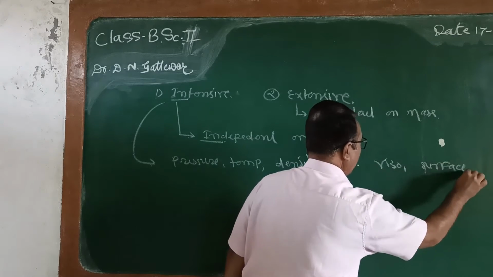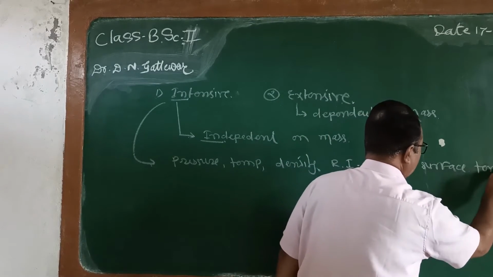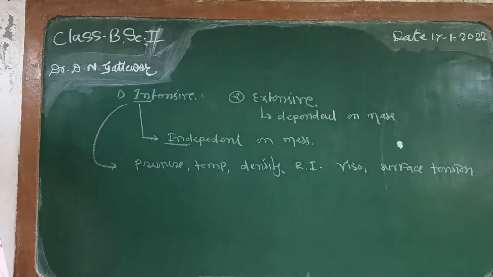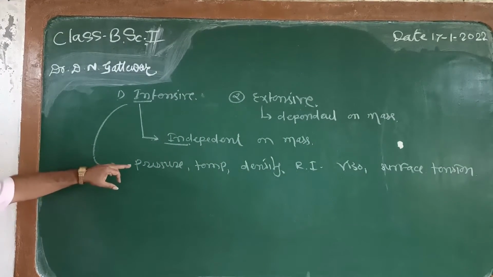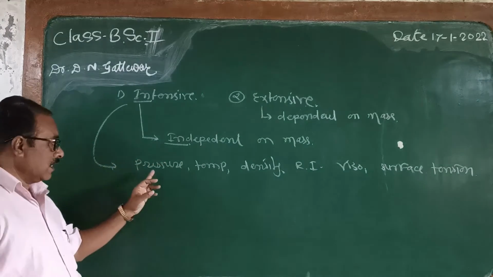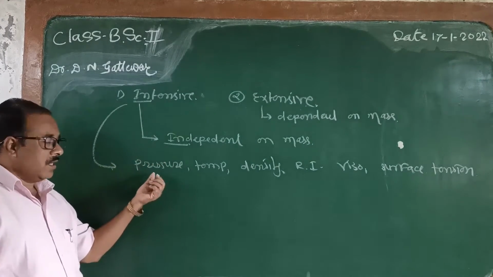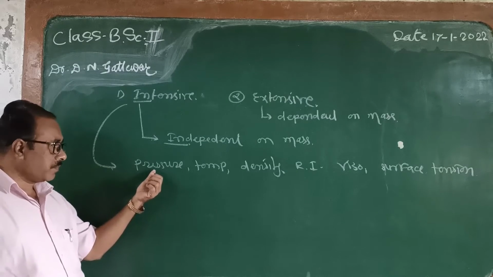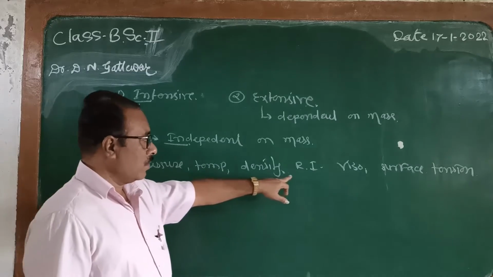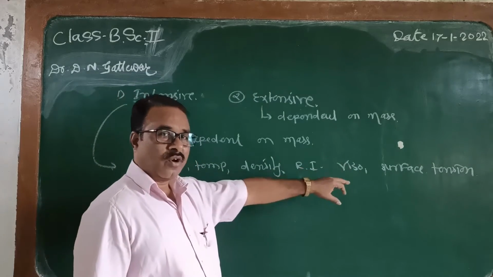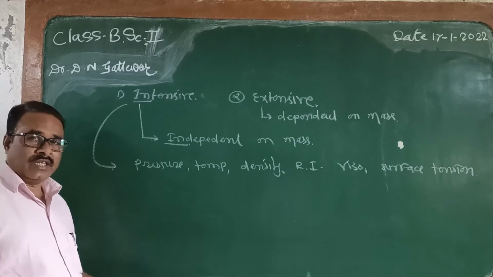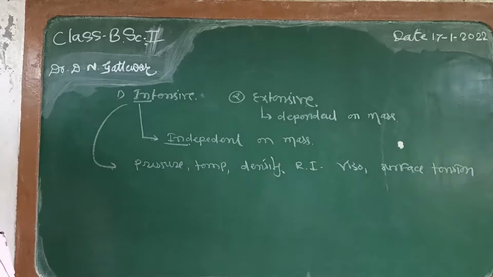All these are physical properties, and these are called intensive properties. This means if the mass is increased or decreased, there will be no change in the pressure, temperature, or density. All these show the same particular value even though there is a change in mass, either increasing or decreasing; it doesn't affect them.